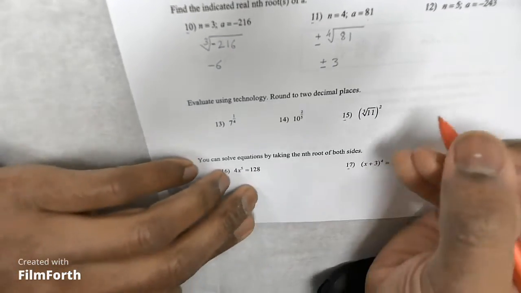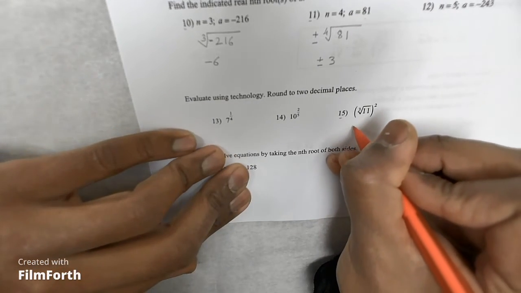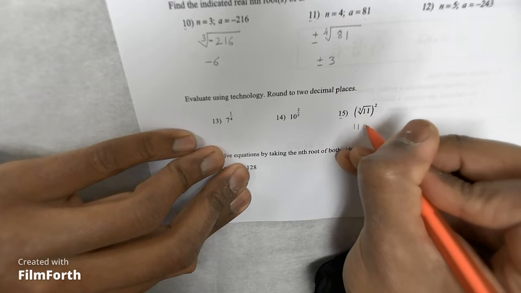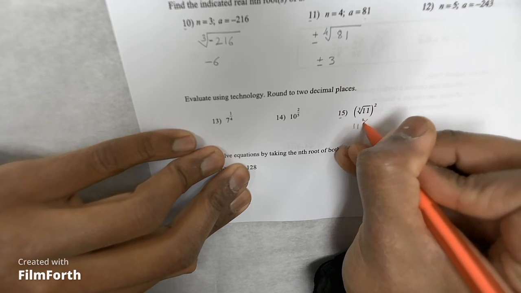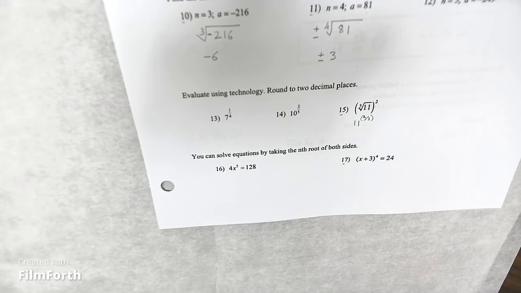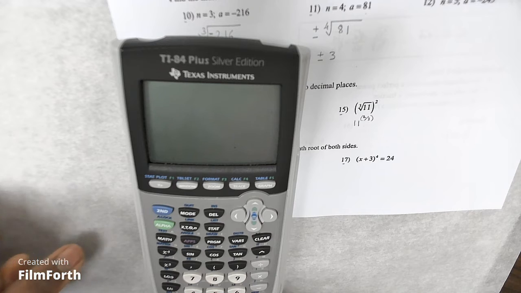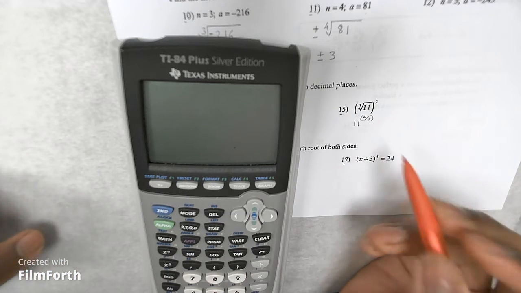Number 15, well, use technology, but before you use technology, I would recommend writing this in exponent form. So it's 11 raised to 2 divided by 3. If you put it in the calculator, it's easier to put it in the 2 divided by 3 form.